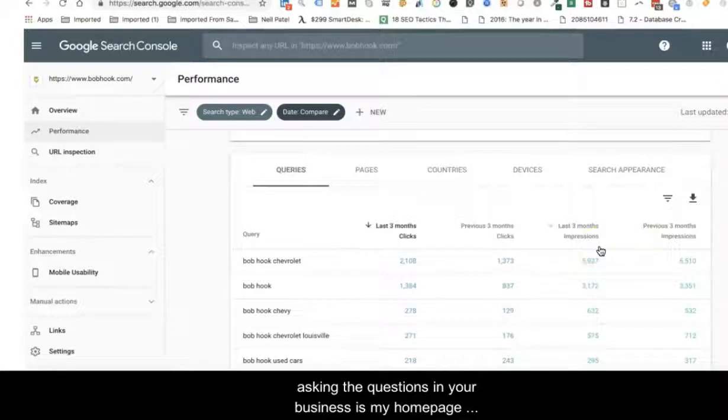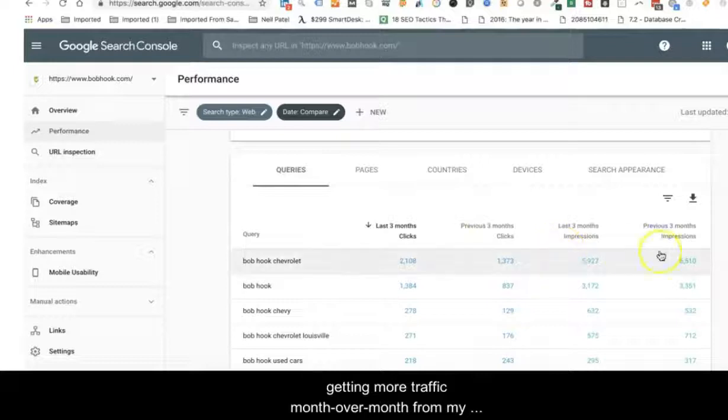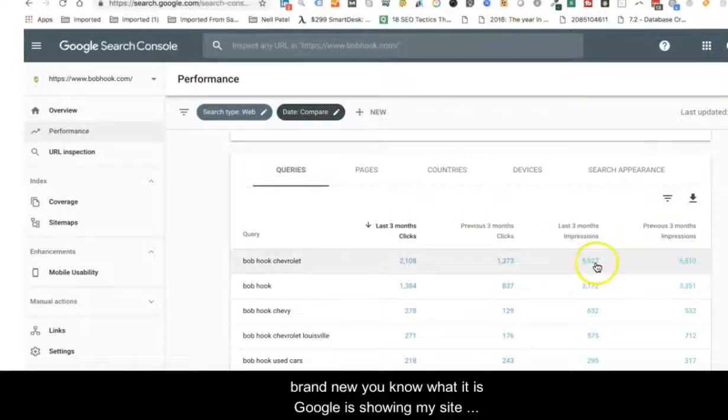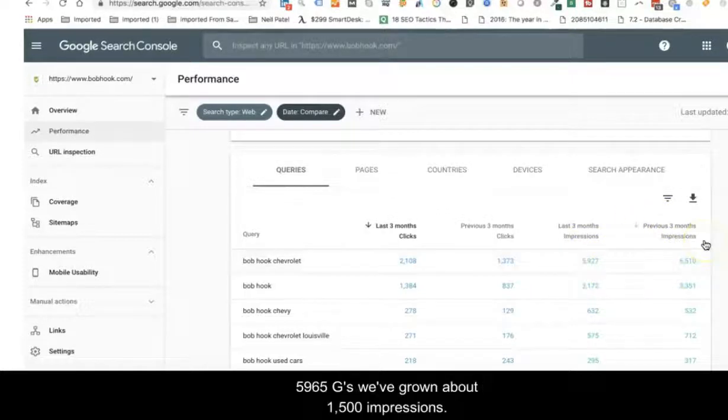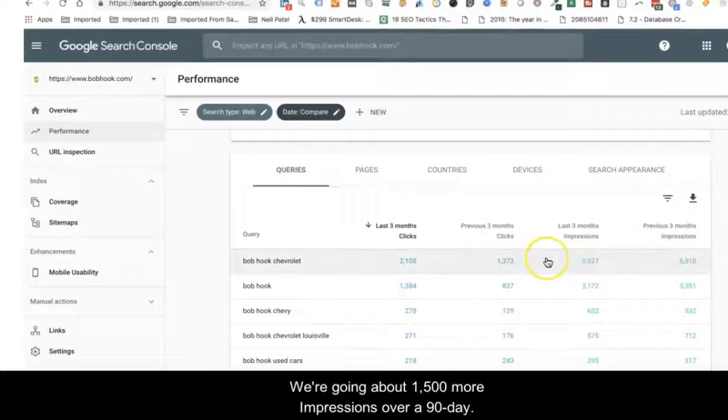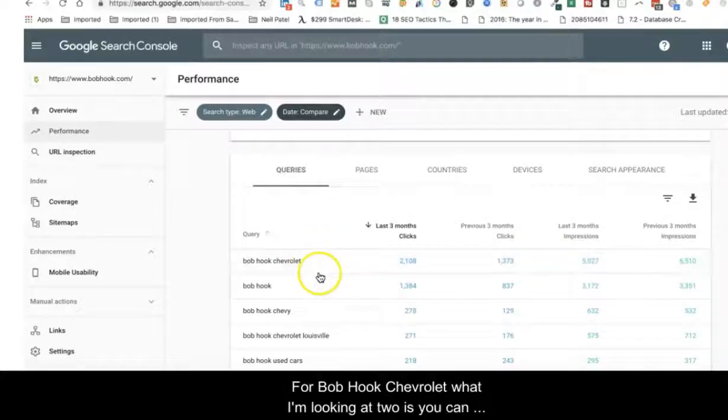Is my homepage getting more traffic month over month from my brand name? You know what? It is. Google is showing my site 5,965 times. We've grown about 1,500 impressions. We're growing at about 1,500 more impressions over a 90-day period for Bob Hook Chevrolet.